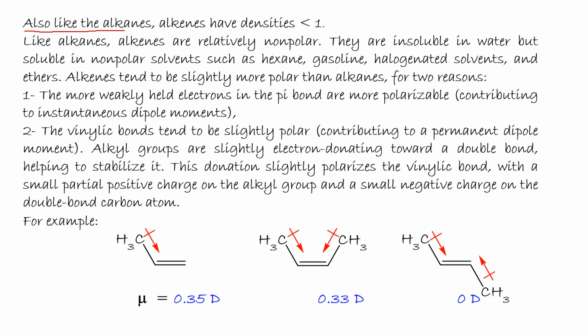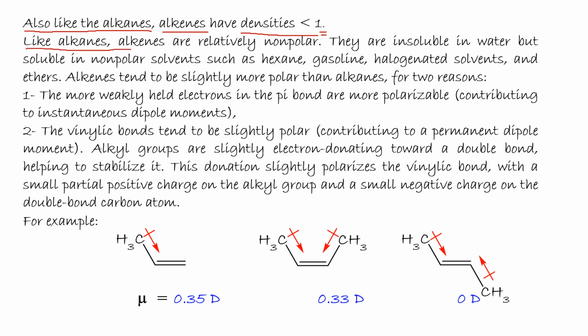Also, like alkanes, alkenes have density lower than 1, so they are less dense than water, and you always find them in the upper layer.